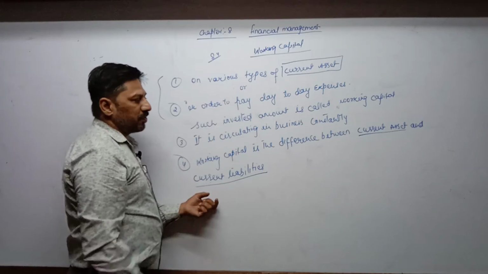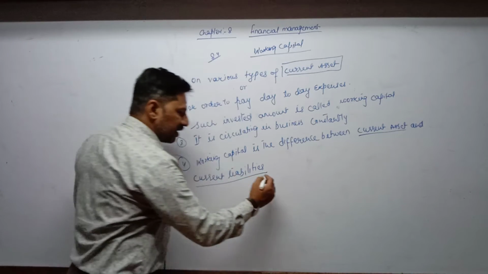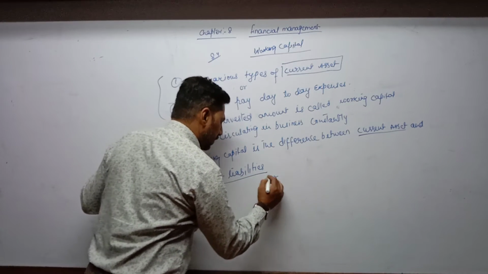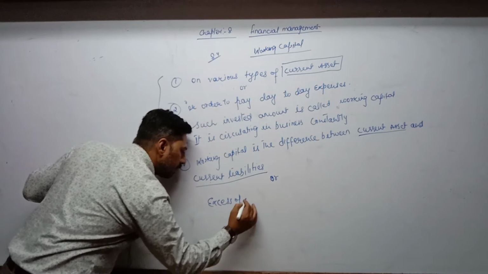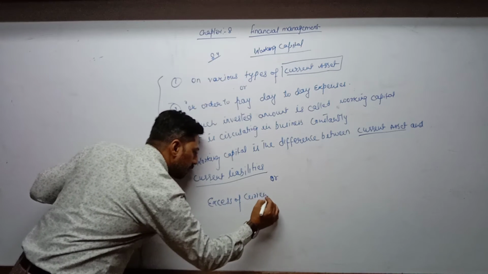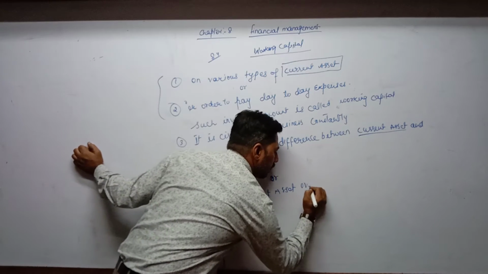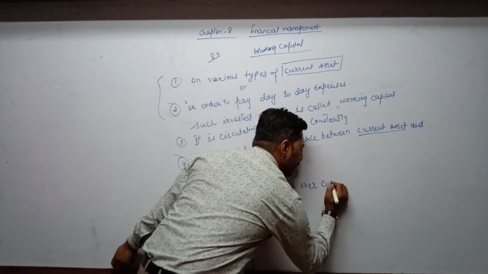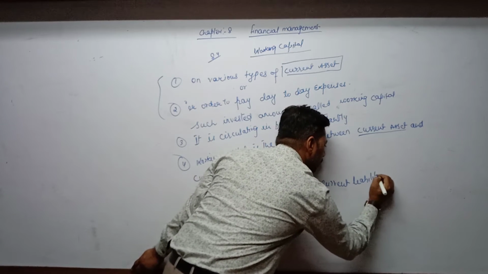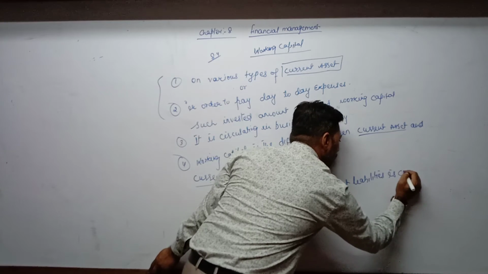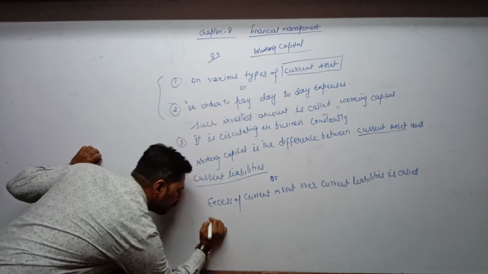It is the difference between current assets and current liabilities, or in other words we can say the excess of current assets over current liabilities is called working capital.